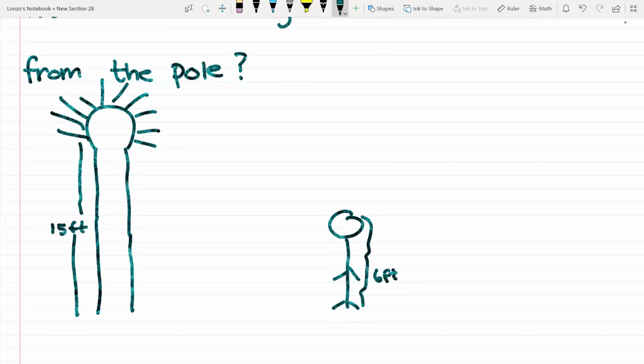And we are trying to figure out how fast the tip of the shadow is moving when he is 40 feet from the pole. Somehow this forms a right triangle, or actually two right triangles.